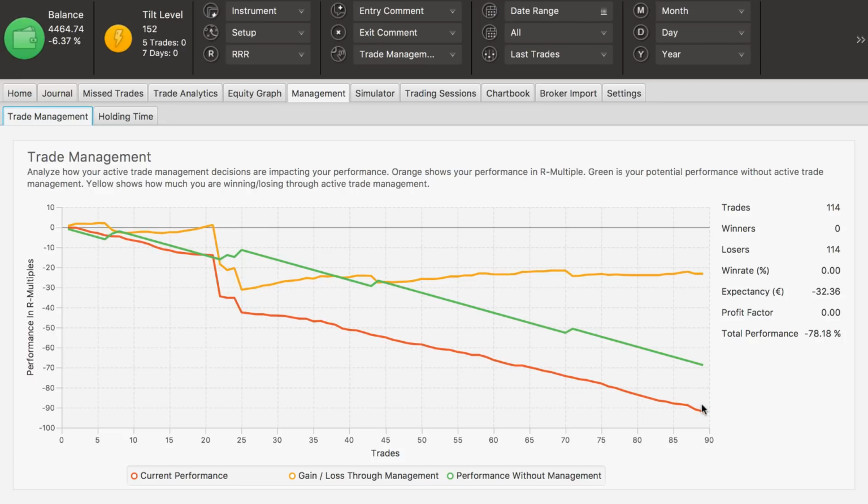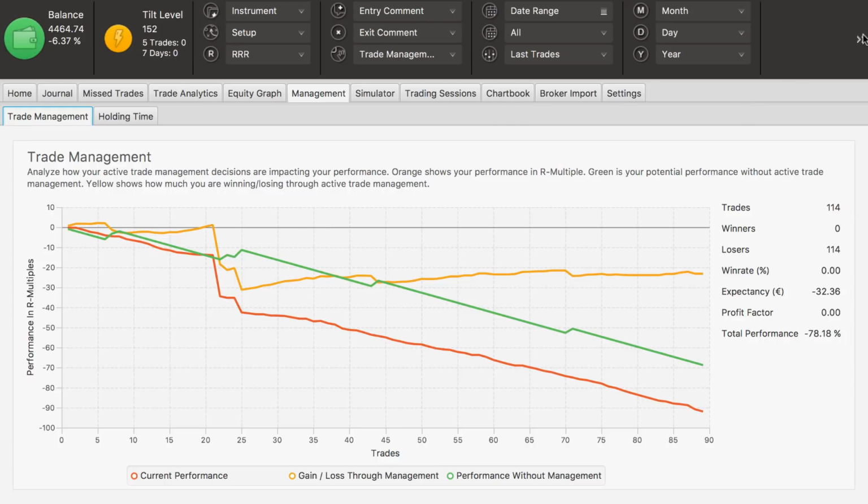So there's a 20R difference between the performance of his losing trades. He seems to be mismanaging his losing trades quite significantly. Those can be things like maybe even letting his losing trades run past his stop loss, or he's doing other things where he could have closed the trade better. Something that really stands out as well.